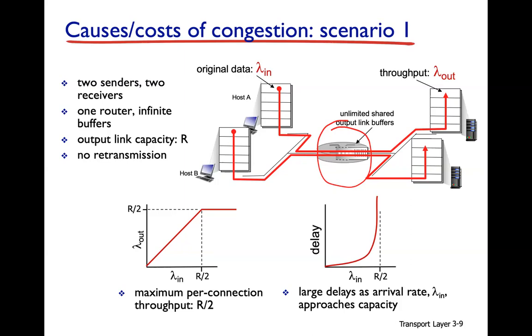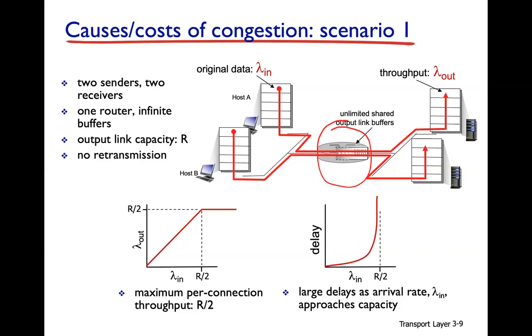If every arriving data rate is less than R/2, it should be good. The throughput will be good. If these two hosts keep sending data and stay busy, finally they will reach the point where everyone gets half of the output link capacity.